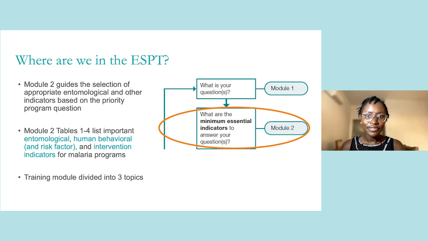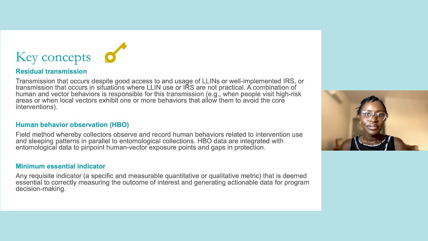This training module is divided into 3 topics. Number 1, selecting minimum essential indicators, integration of data for decision making, and an overview of which vector behaviors are targeted by different interventions. There are 3 concepts that are important to know for Module 2.